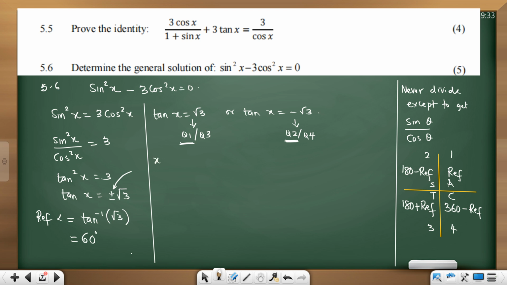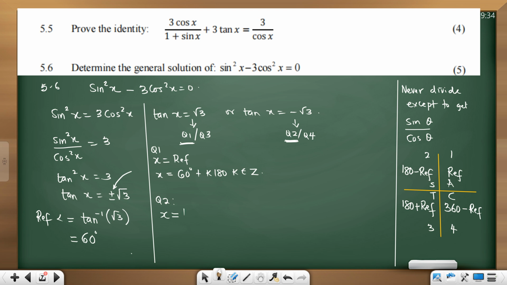So I'm solving for x. So quadrant 1, it is equal to the reference angle. So what is x? 60 degrees plus k 180, where k is an element of integers. We're done. Then I'll go to quadrant number 2. You don't need to do quadrant 3 for tan once you have 1 and 3. Okay, what are we solving? x.